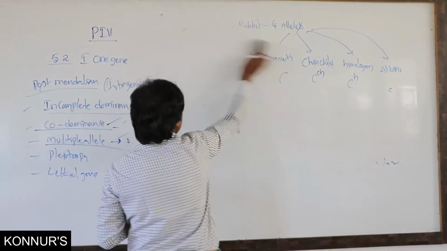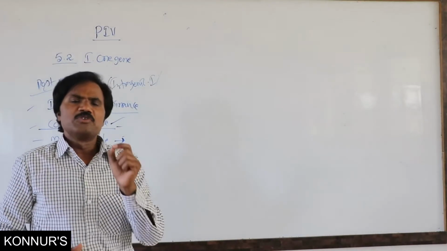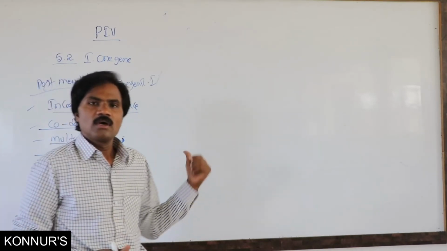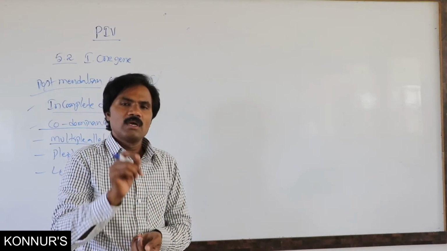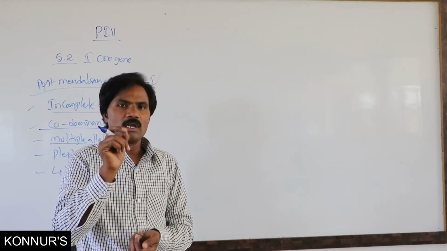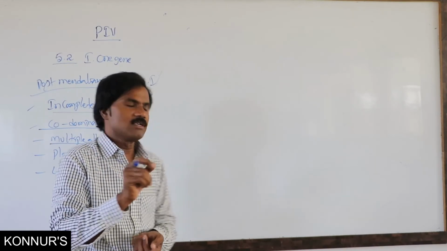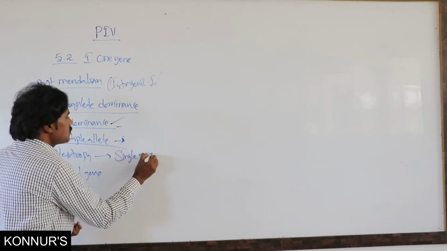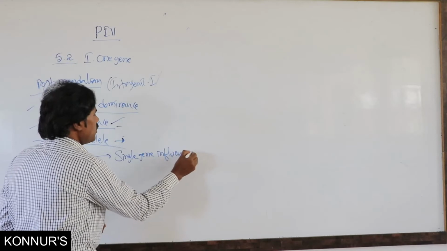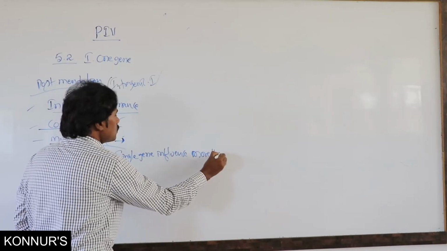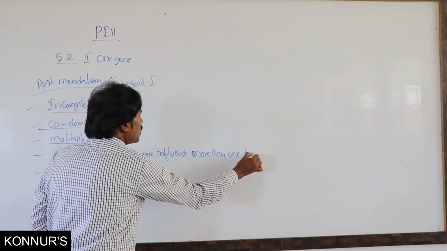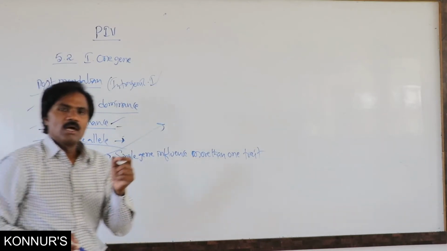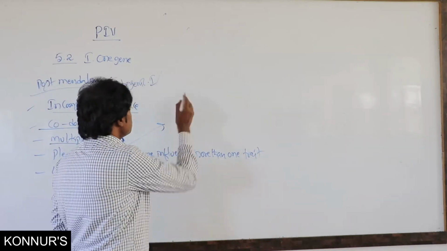Then what is meant by pleiotropy? A single gene influencing more than one trait, that we call pleiotropy. Normally the lint gene in cotton is a single gene that influences more than one trait.